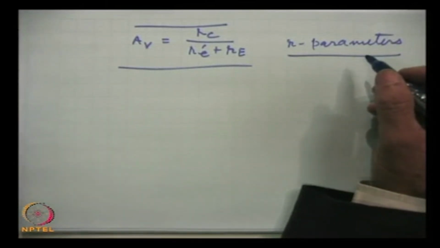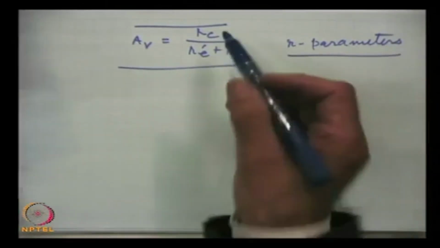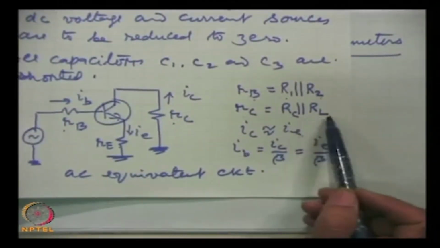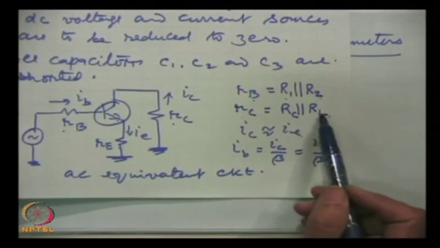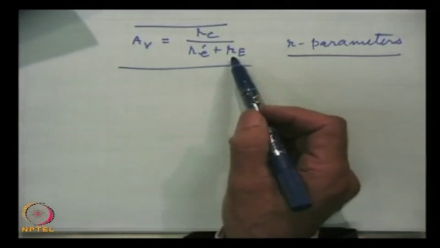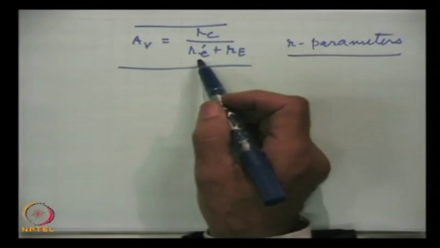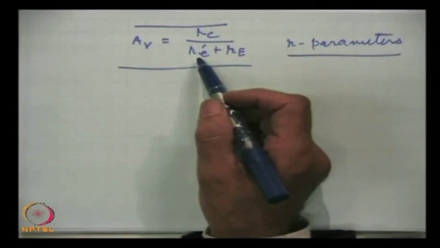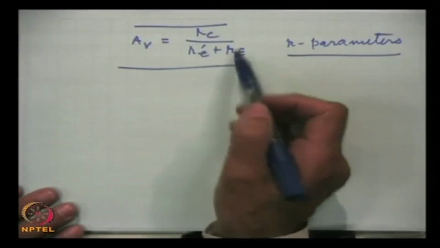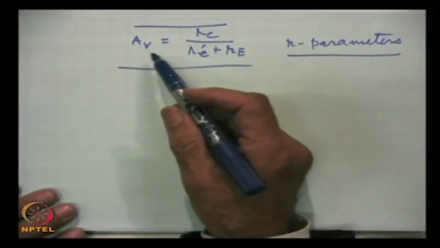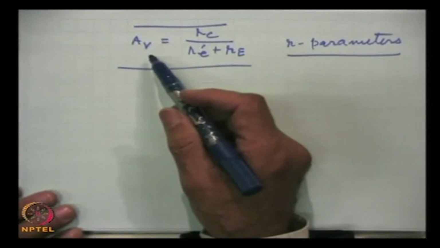Now, you know what these are: RC is the parallel combination of the load resistance with the collector resistance, and Re is the effective resistance seen by the ammeter, and this is the ammeter dynamic resistance. So, if we know the value of these three resistances, we can immediately and very easily calculate the value of the voltage gain.